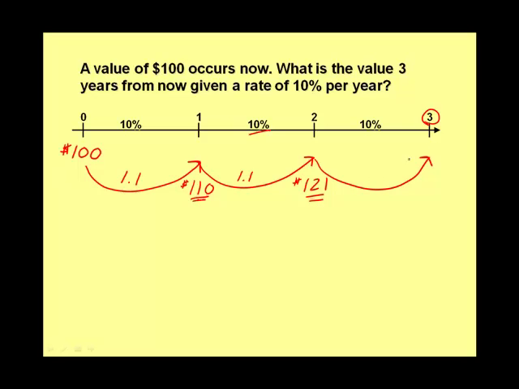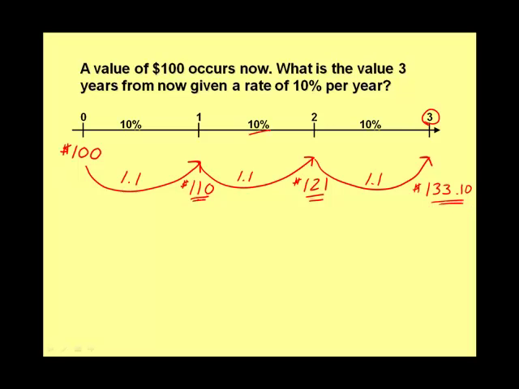And then the value at year 3 will be 10% larger than the value at year 2. So again, the value at year 3 will be 1.1 times as large as the value at year 2. That gives us $133.10. That's our future value that we're looking for.